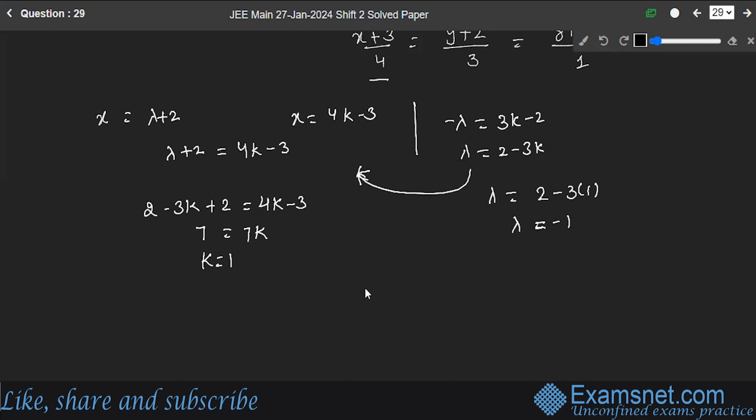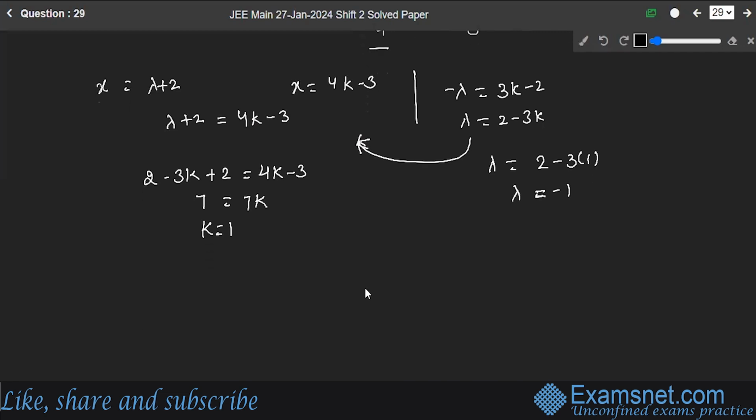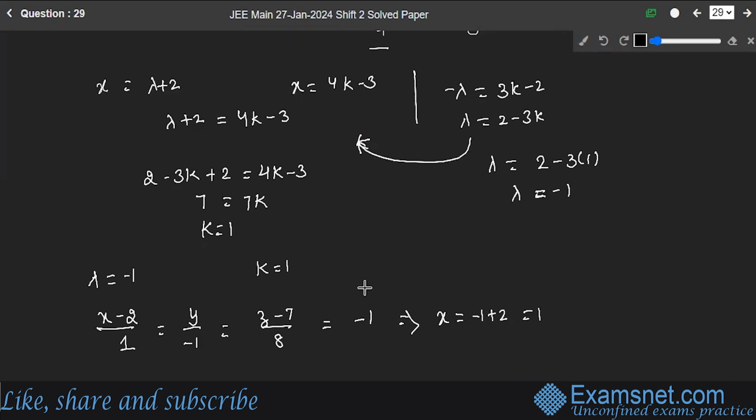Now, for the point of intersection, you have lambda is equal to minus 1, k is equal to 1. I can use either of these. The equation was (x minus 2) upon 1 is equal to y upon minus 1 is equal to (z minus 7) upon 8 is equal to minus 1. That gives me the value of x minus 2 as minus 1, so x is equal to 1.